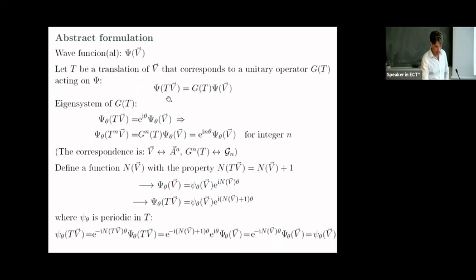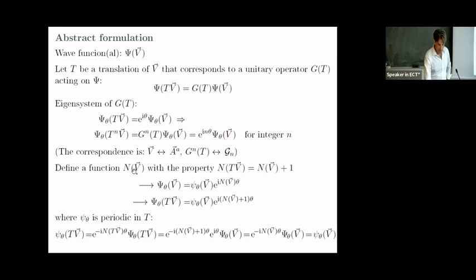And then we know that if there's a periodicity here, we should be able to find eigenstates of the translation operator. By applying several transformations after one another, this has to hold for integer n. And the correspondence I'm making is that I draw a correspondence between v and the vector potential, and my unitary operator is then given by these large gauge transformations.